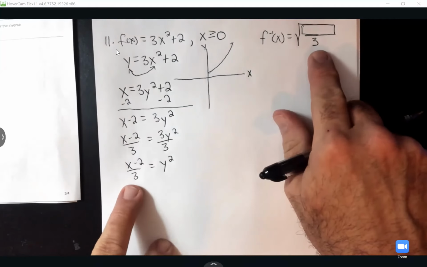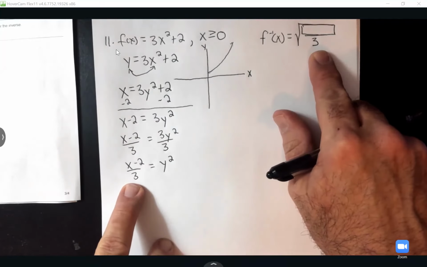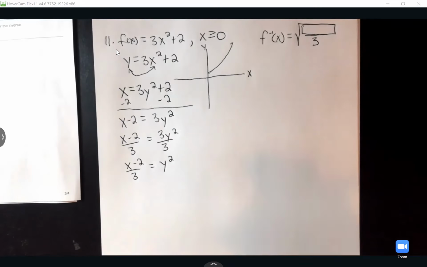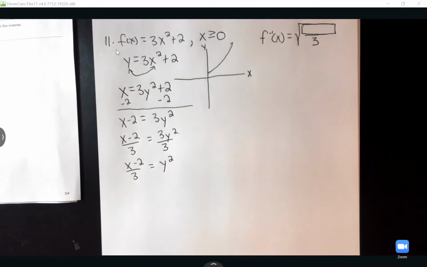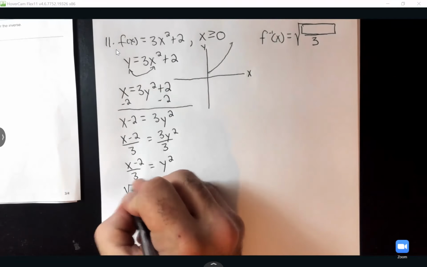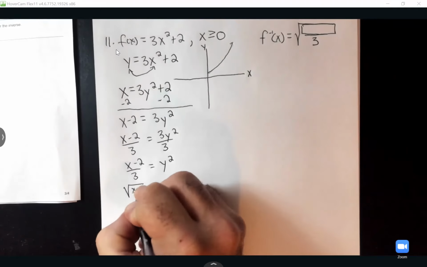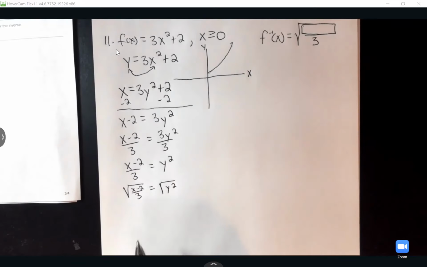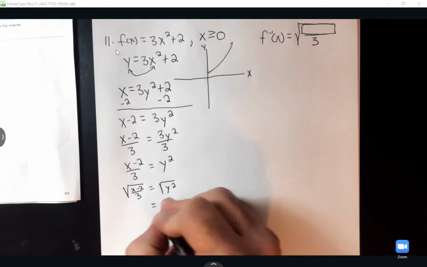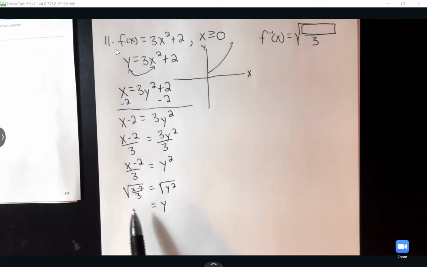So see, we got the bottom of the fraction they gave me. That's going to be the 3 for sure. Now, to turn a y squared into a y, we take a square root of both sides. The square root of y squared on the right side is just going to be the y.